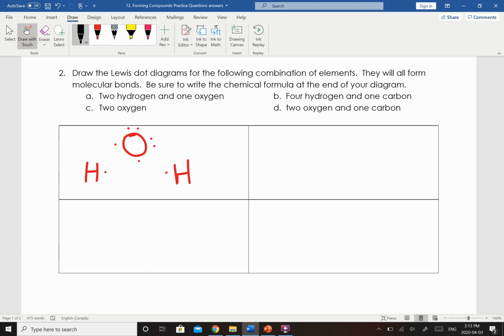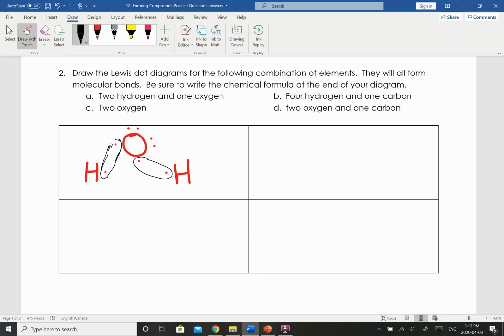So we're going to share electrons here, and usually we pick the ones that are by themselves. So if we share here, and here. So we have our hydrogen now sees 2 valence electrons like it wants to fill its valence shell, and the oxygen will see 8.